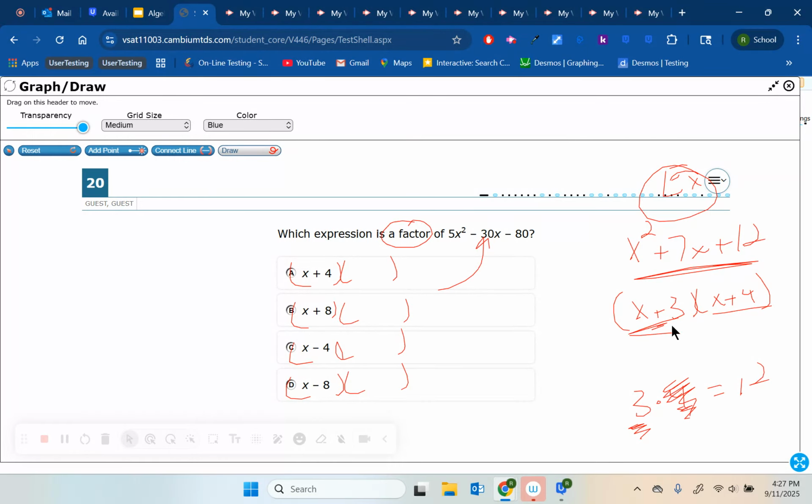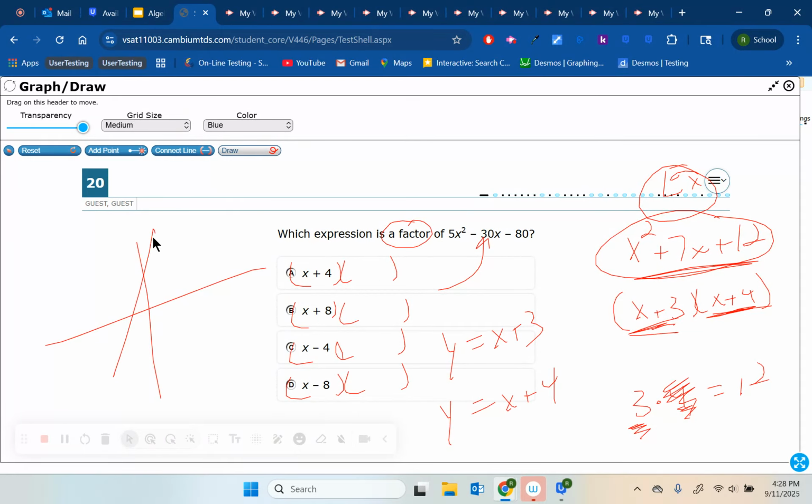So what we learned as we get into Algebra 1 is that this is a quadratic function, but these guys, y equals x plus 3 and y equals x plus 4, are actually two graphs. And they kind of go like that, right?